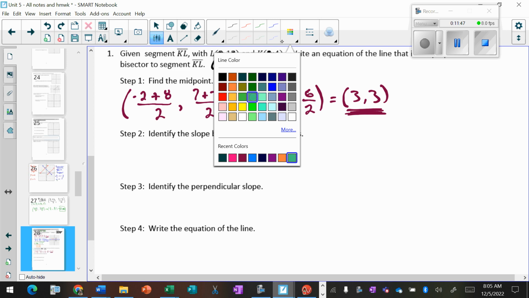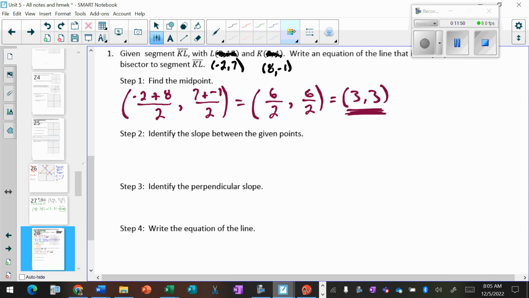All right, so hopefully we have the same midpoint. Now I want you to do the slope, y2 minus y1 over x2 minus x1. Make sure you are subtracting the -2 for the x values.